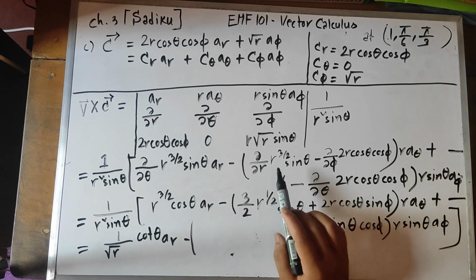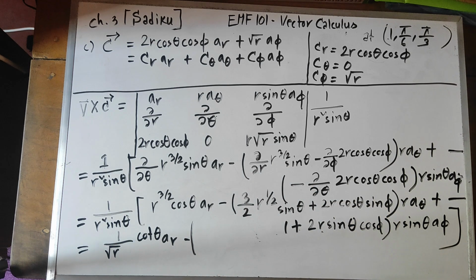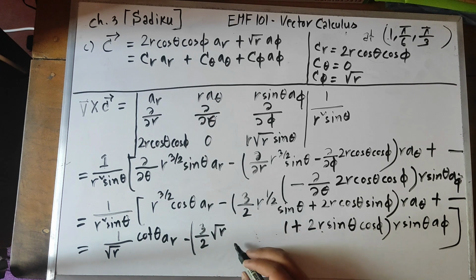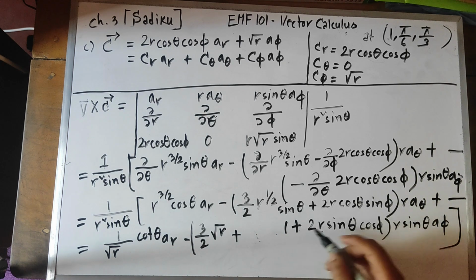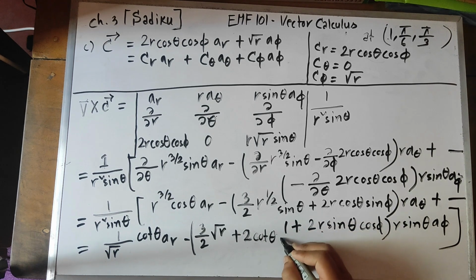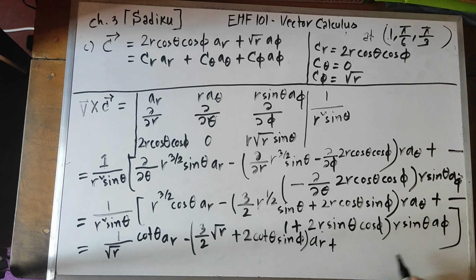So here's also r, and here's r 3 by 2, and here's r square, so it will give us 3 by 2 root r plus, so r square, so 2 cot theta sin phi a r plus, so r sin theta, so here r square sin theta, so 2 sin theta cos phi a phi.